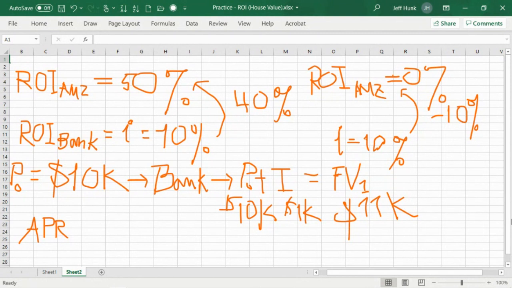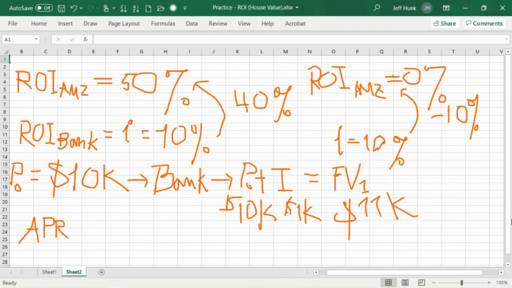If you lose everything, that's 0%. The worst case scenario is losing everything. The bank is taking the risk, and of course you would be taking the risk too if you were investing directly in Amazon.